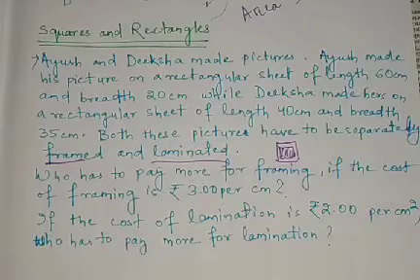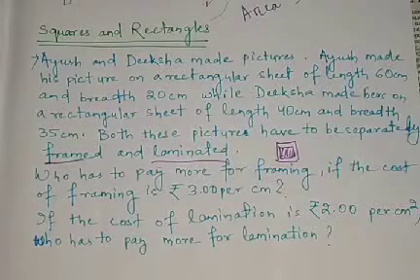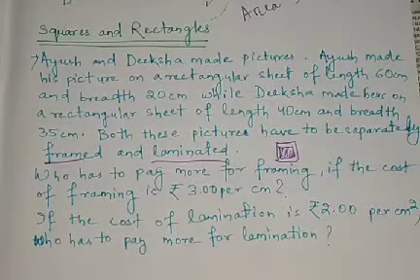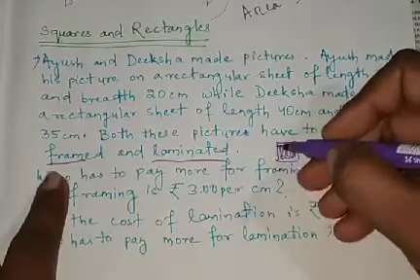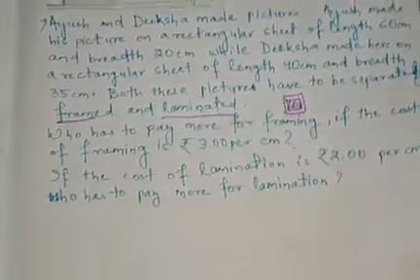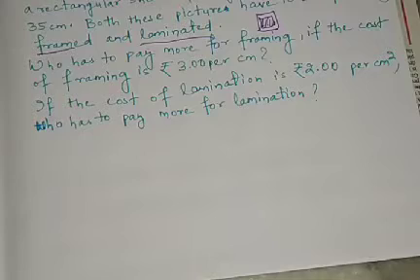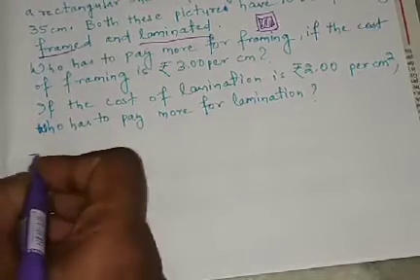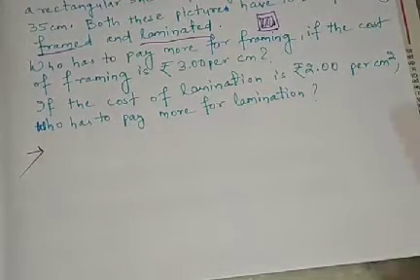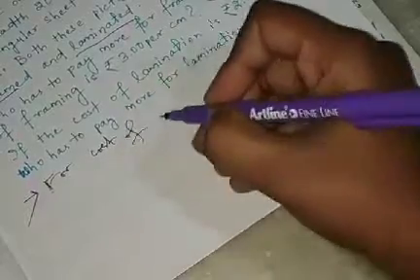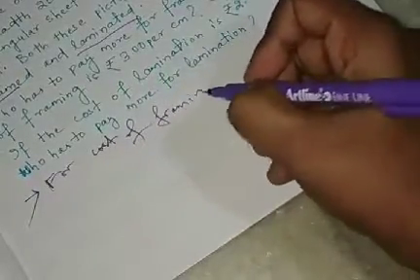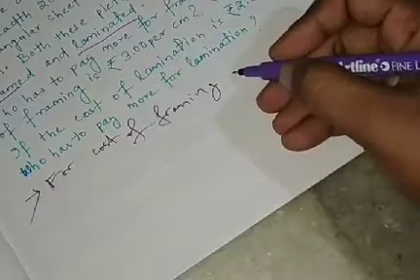So what will you do? For framing you need the outside structure. For the cost of framing, what do we need? The cost of framing is rupees 3 per centimeter.